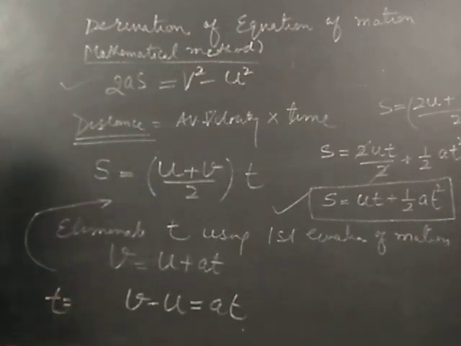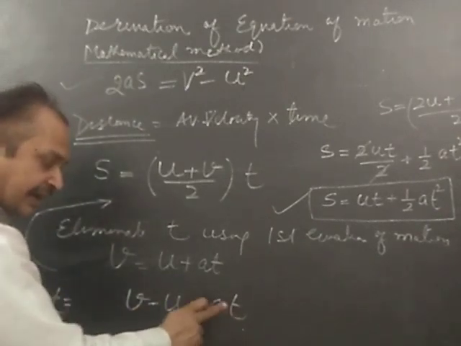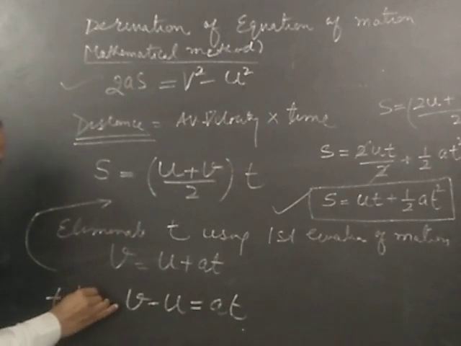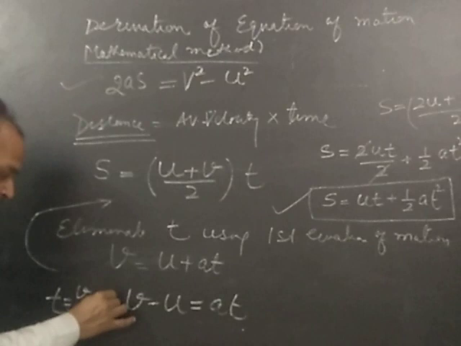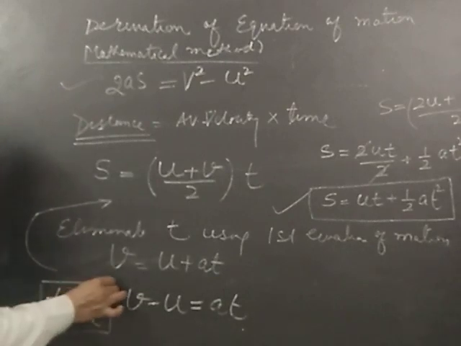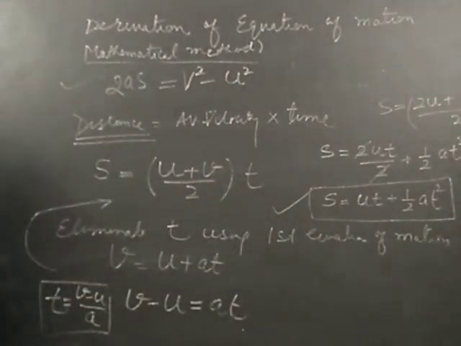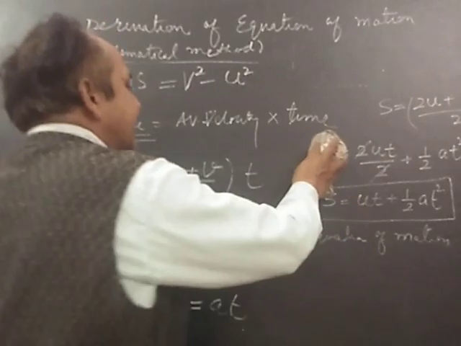This t will remain there and a will come in the denominator. So t will be equal to v minus u by a. Just put this value in place of t there, and let us see what we get.